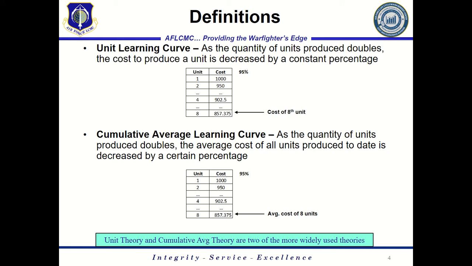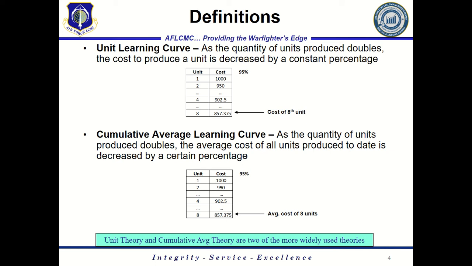In cumulative average learning curve, as the quantity of units produced doubles, the average cost of all units produced to date is decreased by a constant percentage. So this is an important distinction in this theory, where we're talking about the average cost of all units produced. So after the first unit, again, same scenario, we've got a 95% learning curve, and the first unit costs 1,000.